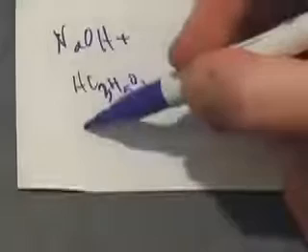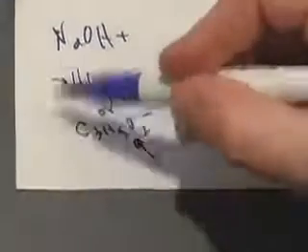Either it's going to be the HC3H5O2, the propionic acid, or the C3H5O2 minus, propionate, the ion of the acid. This is the acid and this is the conjugate base, and which do you think would react with the strong base? Well, of course it would be the weak acid.